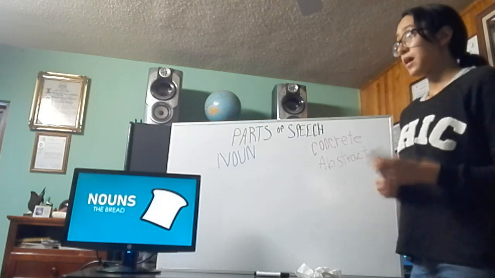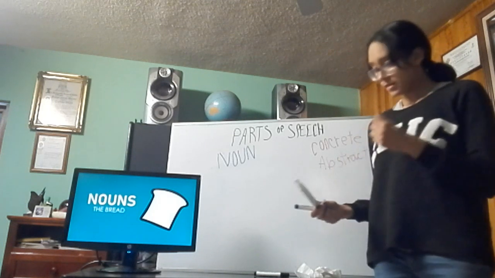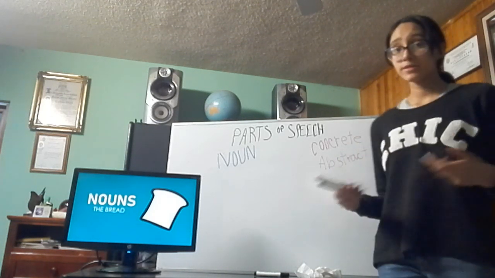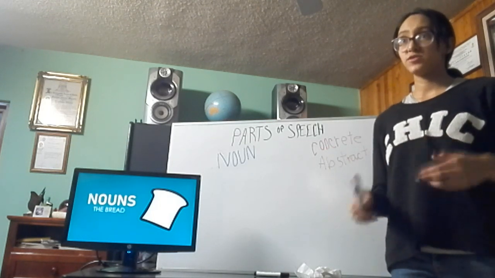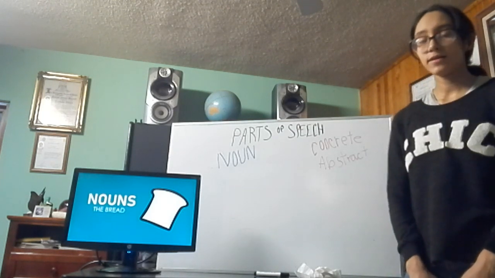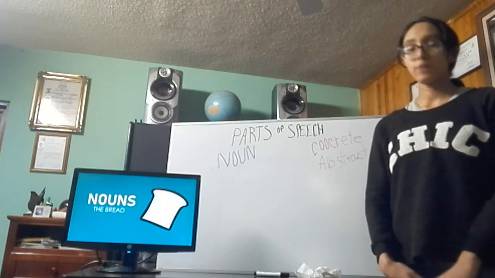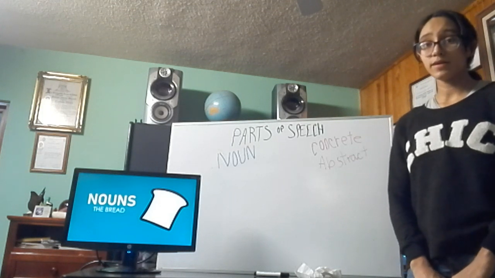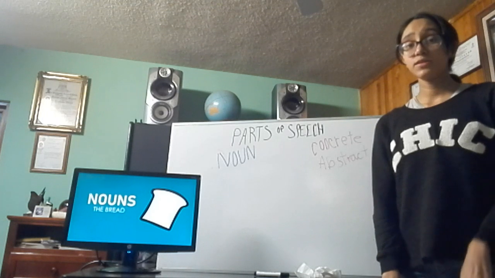Other ways to classify nouns are count, mass, and collective nouns, and all of these new classifications that you can find when you research more about nouns. Count nouns are the ones that you can count, that have a singular and a plural form. Mass nouns are the contrary to count nouns.